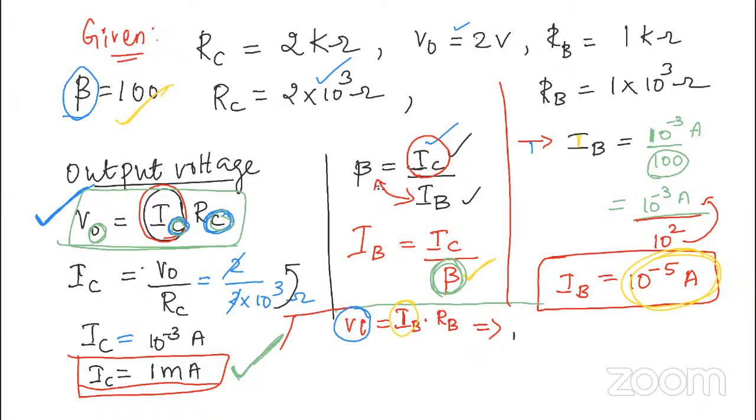Into what will be the RB value here? That is 10 power of 3. Okay, so இப்ப இந்த ரெண்டு வேல்யூஸையும் நம்ம மல்டிப்ளை பண்ணோம் அப்படிங்கும்போது it is 10 power of minus 2 volts.